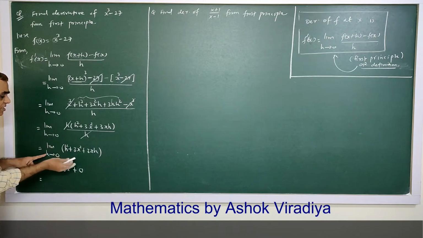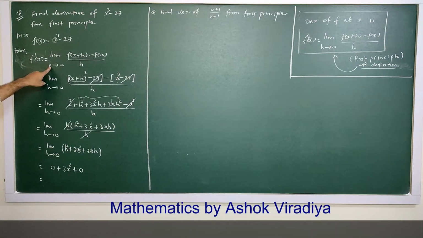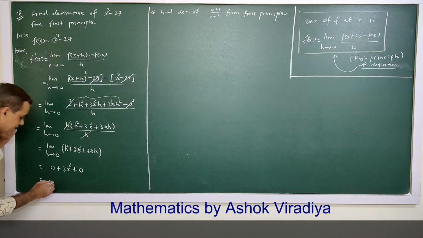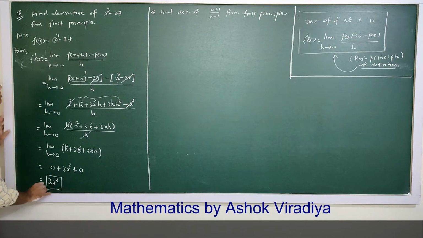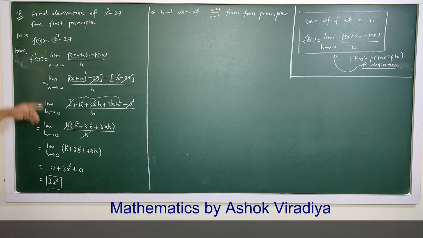In this whole discussion, x is fixed. It can be any number from domain, but it is fixed. So f dash x is 3x square. So that is derivative of this function, derivative with respect to x.